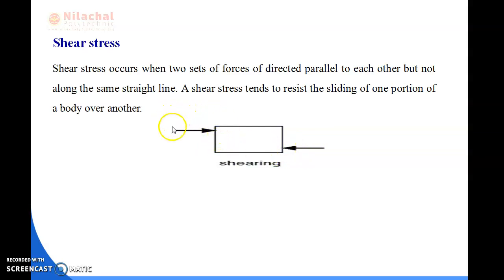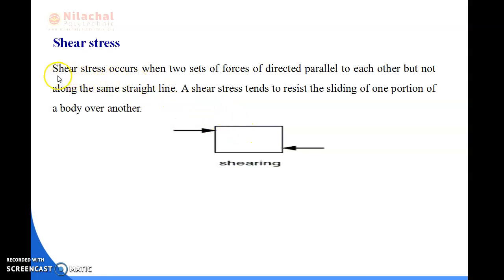If we give this kind of force to a body, the length increases in this direction and in that direction, which is known as a shear stress application.